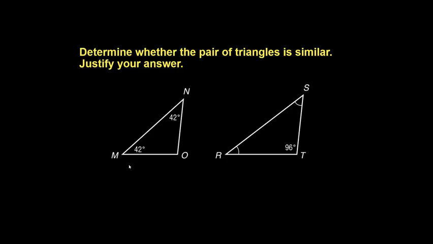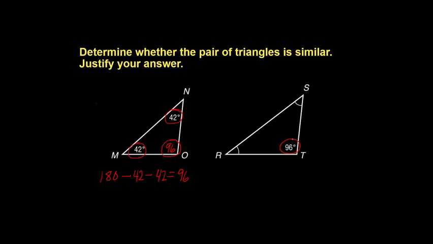So what you can do here is, in this triangle right here, you could do 180 minus this angle, 42, minus the other angle, which is what? 42. And when you do that, guys, you're going to get 96. So this right here is 96.